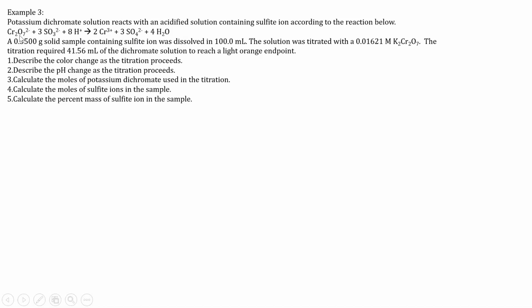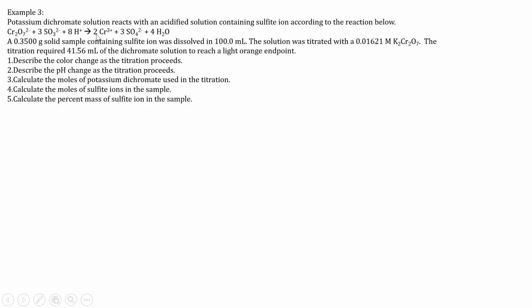As I add dichromate solution, it's being consumed, but at some point, all of the sulfite ions will be consumed. And at that point, dichromate will be in excess.